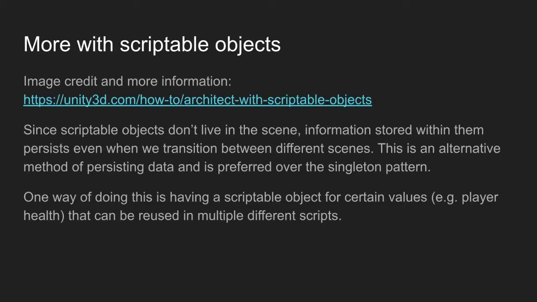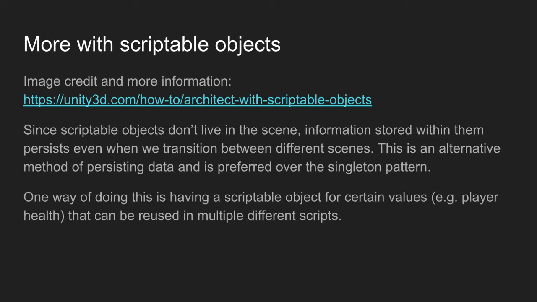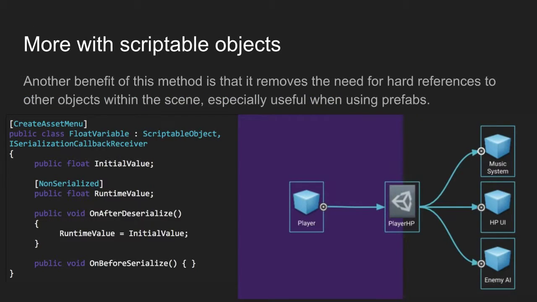For example, you can create, and these images are from that page and not actually my code. For example, you can have player HP stored inside of a scriptable object so that if you transition between scenes, it doesn't delete that information and you won't have to store it as a static variable.